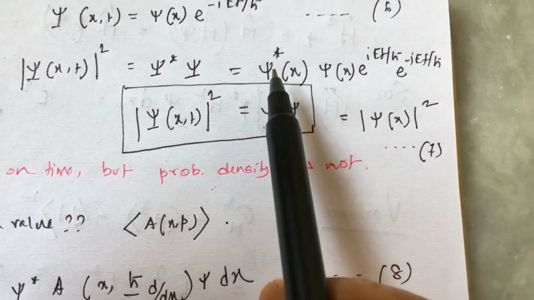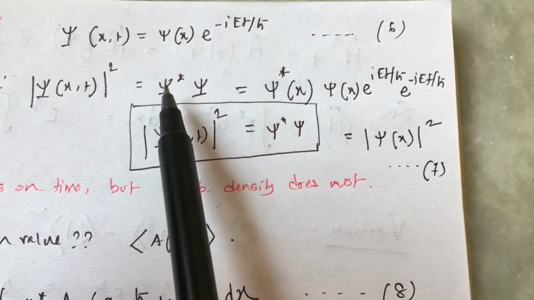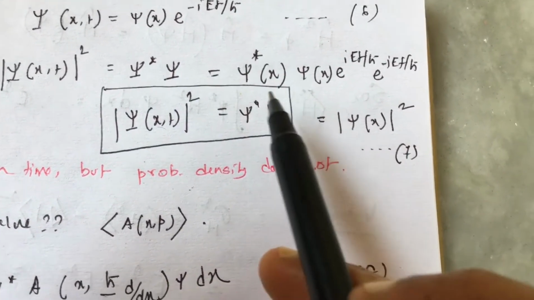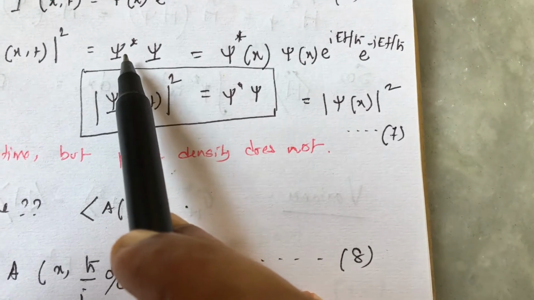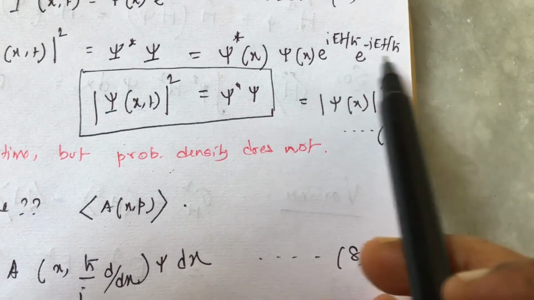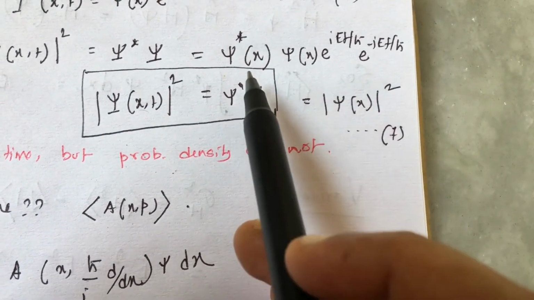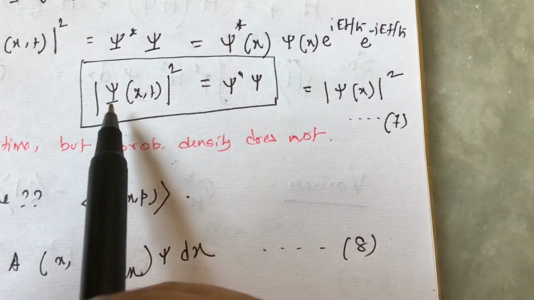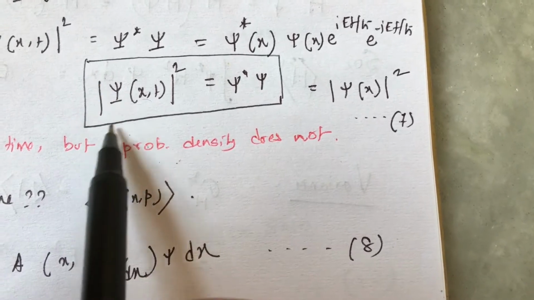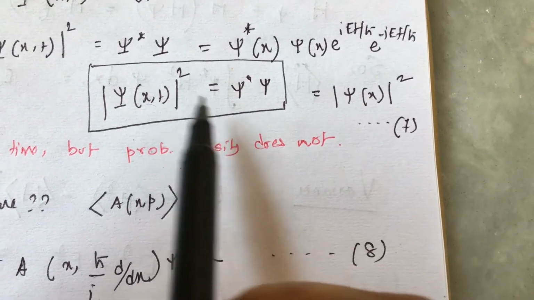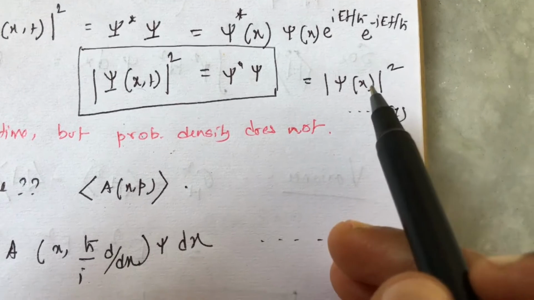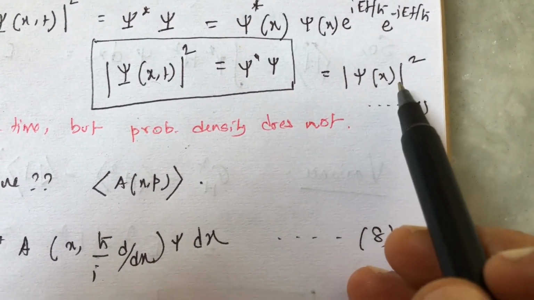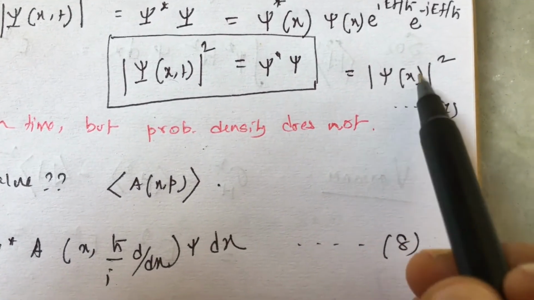If psi is this one, psi star is exponential plus iEt by h cross, which means when I find psi star psi, the time factor cancels out, and we are only left with the space term. So evaluating the probability density of big psi is basically evaluation of the probability density in the state small psi.